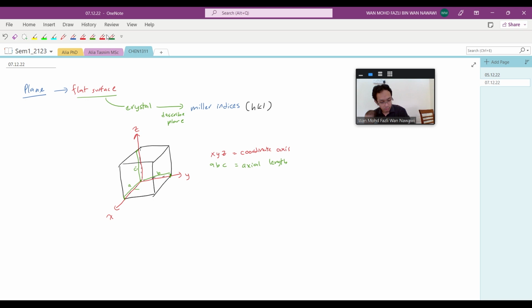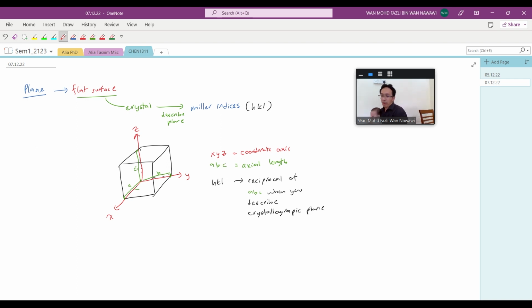We can say the HKL is roughly the reciprocal of ABC when you describe the crystallographic plane. So that is basically the HKL.